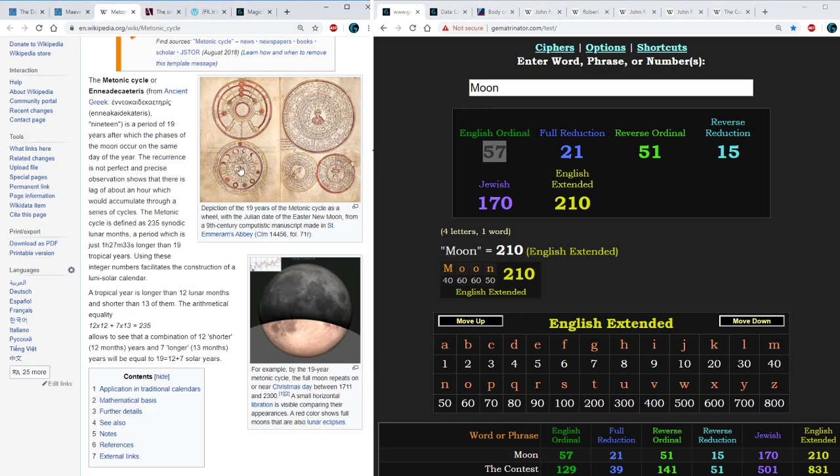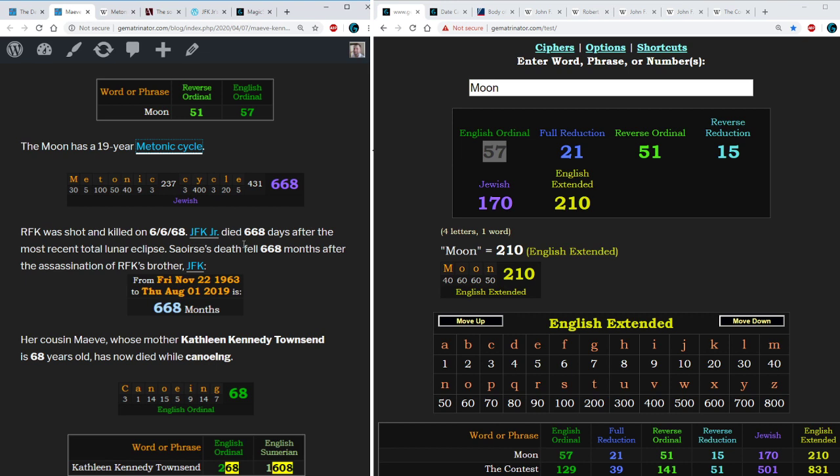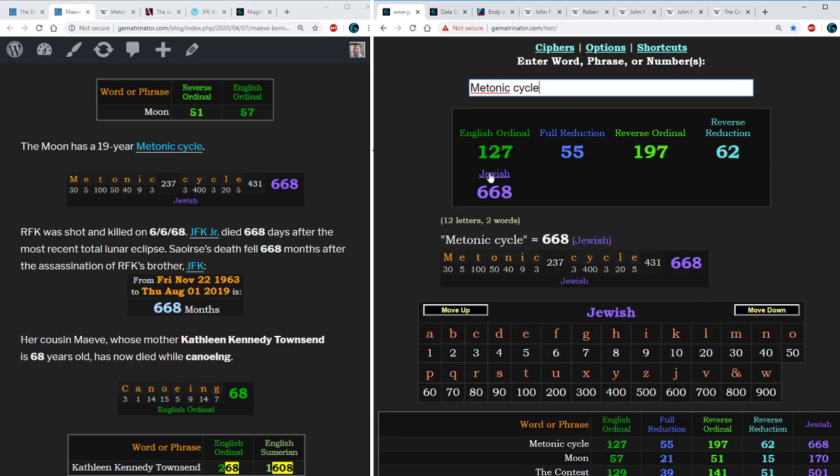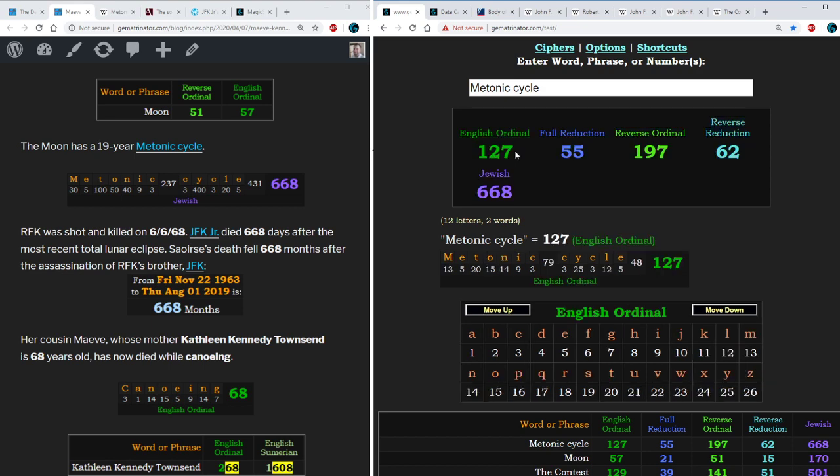On this channel, I often talk about the moon's metonic cycle. This is a period of almost exactly 19 years that lines up with the solar calendar. Now, metonic cycle equals 668. Well, first of all, it equals 127 and 55, which is the gematria of Saoirse Hill.